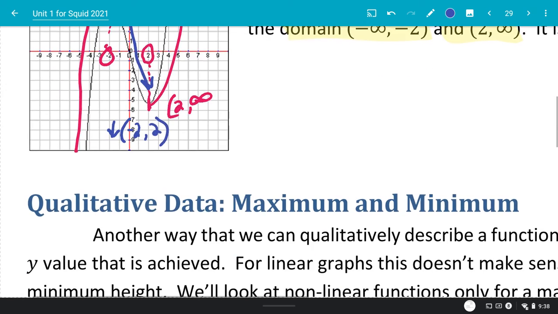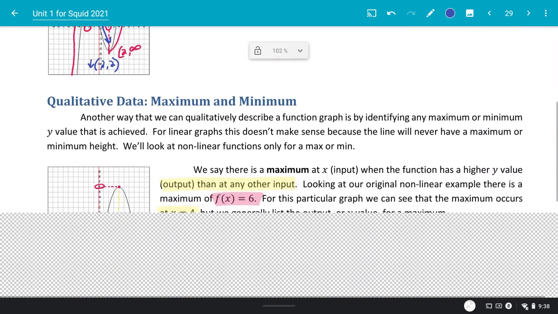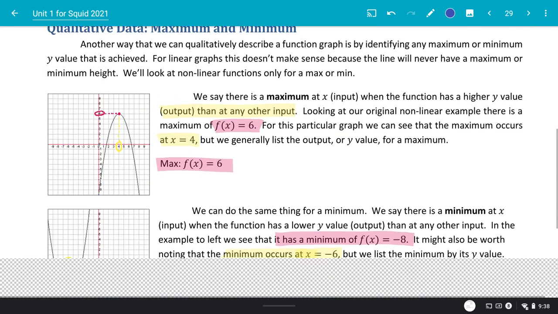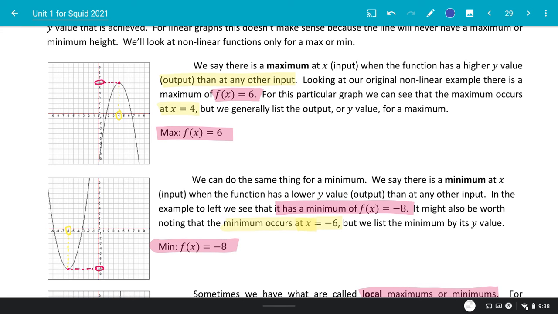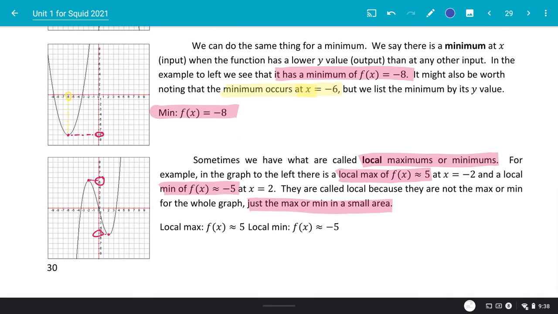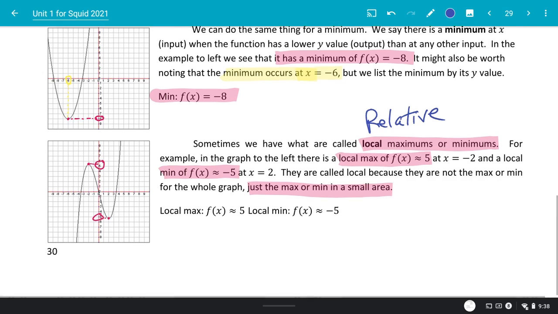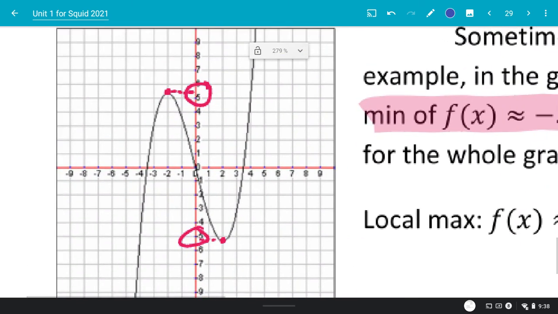Okay? These data also are said to have a maximum or a minimum. You've seen maximums and minimums before. Maximum is the highest possible point. Minimum is the lowest. And then sometimes they have what we call a local or relative maximum or minimum. We all see this function right here?